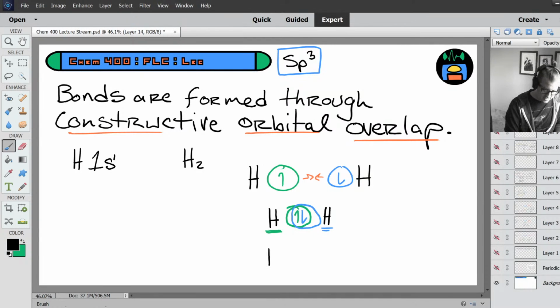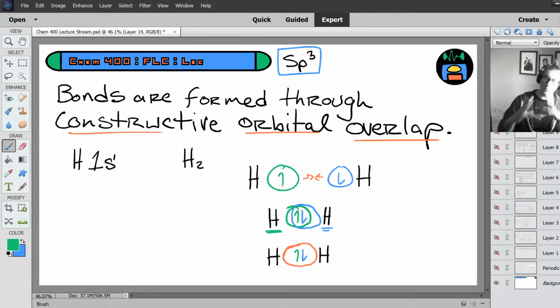And that is what we're talking about when we're talking about constructive orbital overlap. And what happens when you get that constructive orbital overlap is a bond forms.